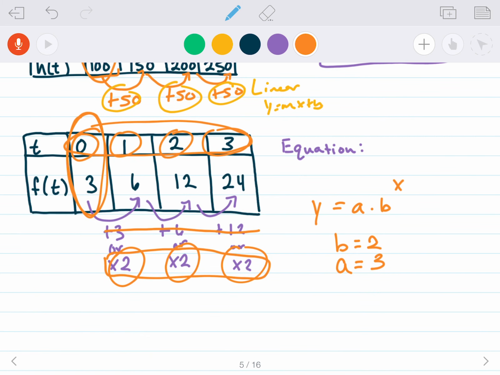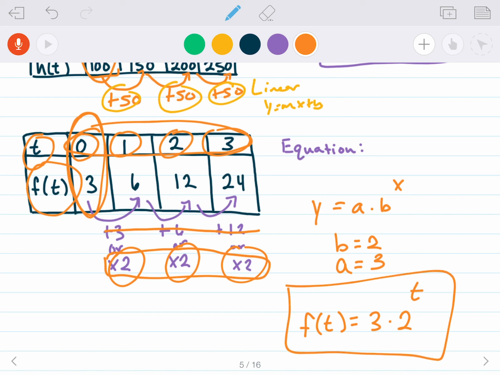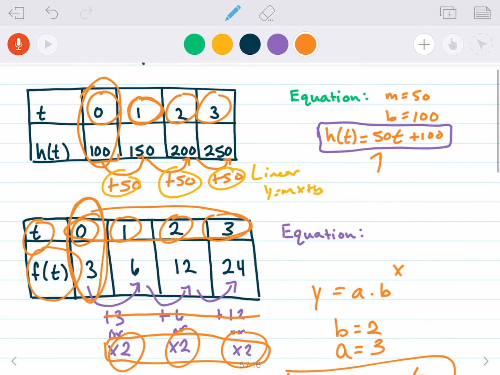So to write this, since we're dealing with f of t and t, instead of y, I'm going to put f of t is equal to a, which is 3, times b to the t instead of x. So this is our exponential equation. And up here we had a linear equation.